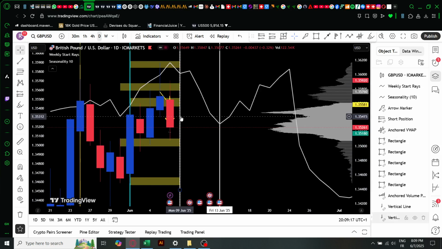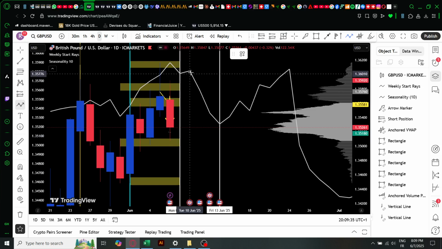So as for seasonality, I will say it's going down, so I will have my arrow. From Monday to Tuesday, there will be a little correction, so this is very good, so it can have a better entry.